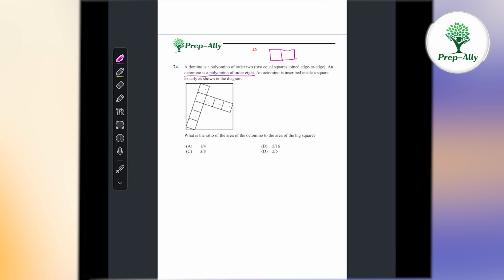What if we took the side of the smaller square, that is the square that's a part of the octomino, as x, right? And consider this small triangle here. Let's draw it on the side.